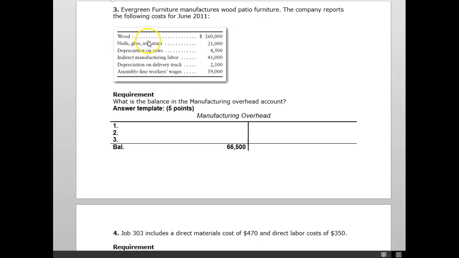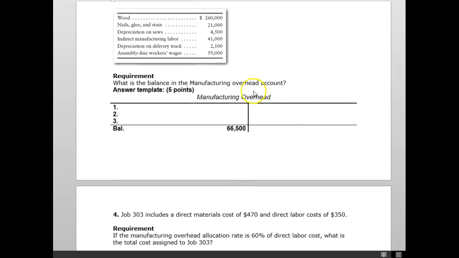Now those are the things that are directly related to manufacturing. A delivery truck would probably be considered selling. And assembly line wages, that would be a direct labor, right? So your manufacturing overhead is going to be the nails, depreciation, and the indirect labor. And I bet those add up to 66,500.